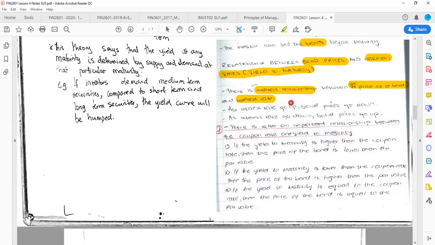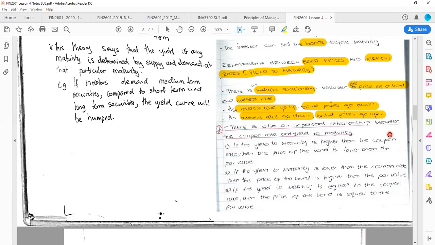And what do we mean by that? We mean that as market interest rates go up, the price of a bond goes down. And as interest rates go down, the price of a bond goes up. So if you're an investor and you've invested in a bond, when interest rates start going up, the price at which you can sell the bond will start going down.